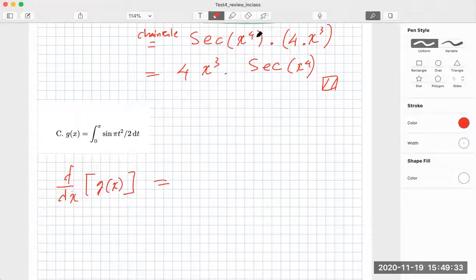So before doing this, let us determine the function f of t in the theorem, what it is. So what is the function, the integrand here?